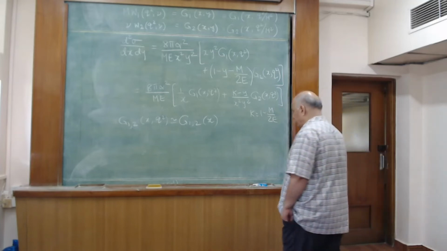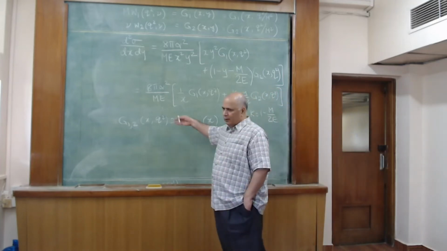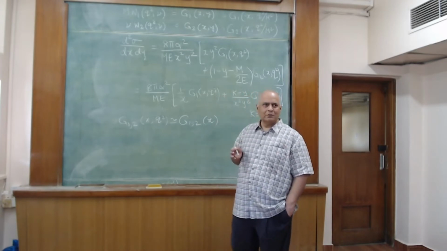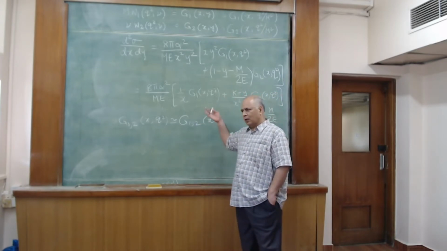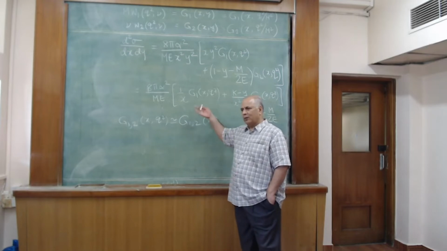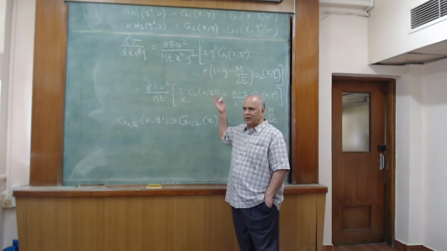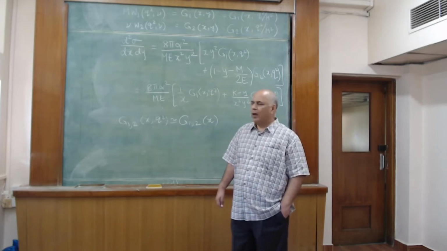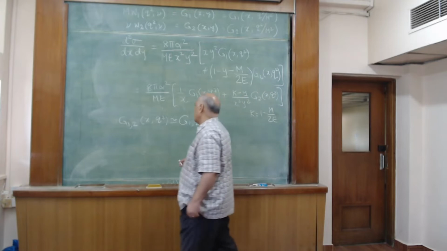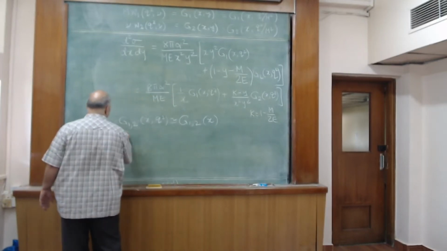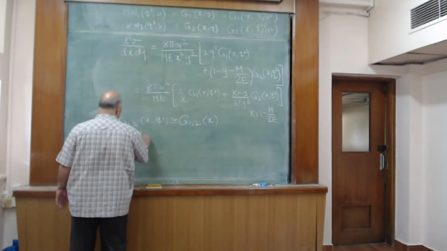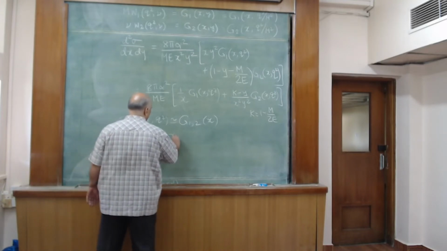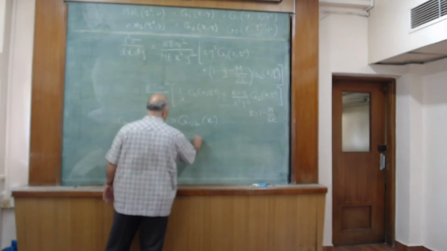And Bjorken gave some explanation based on the popular theory at that time, which went under the name current algebra. By the way, this property is called scaling, and people call x the scaling variable.